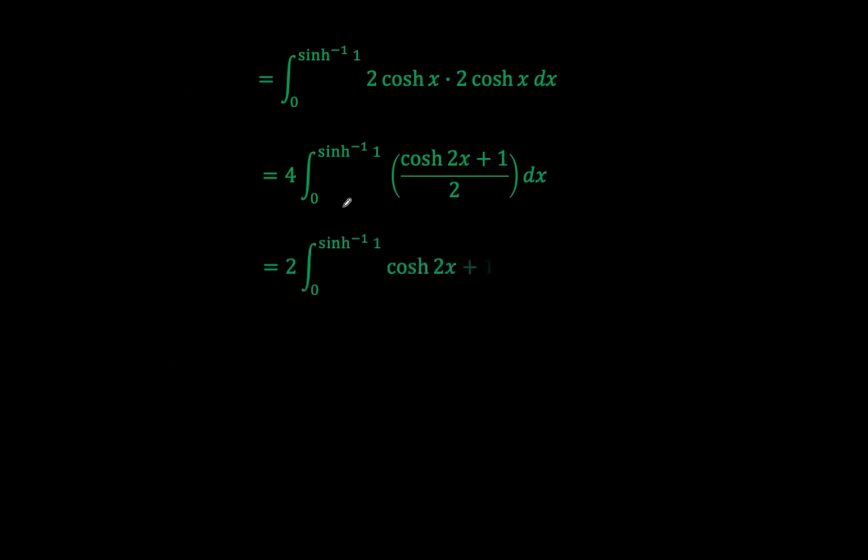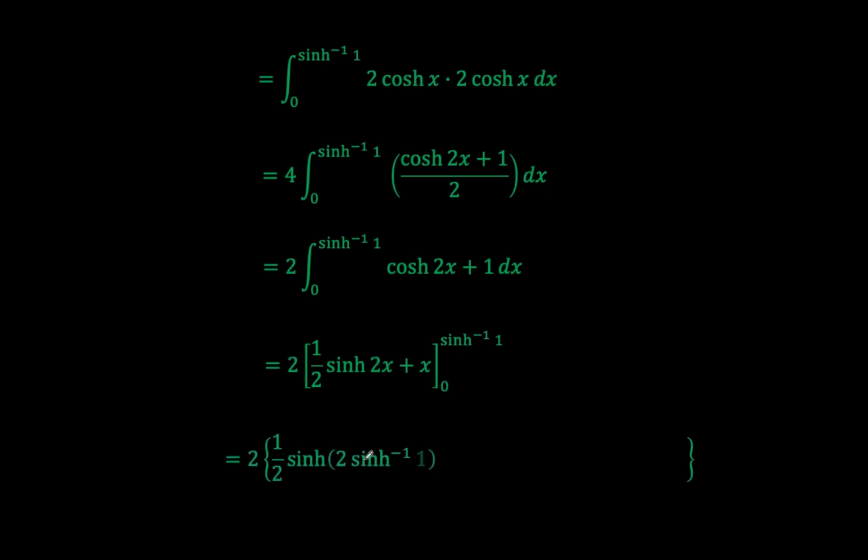And now we can pull the half out, so we have 2 times the integral of cosh 2x plus 1. And that integrated, we have half sinh 2x plus x. And we have the limits shown here properly. Now we substitute in our limits.